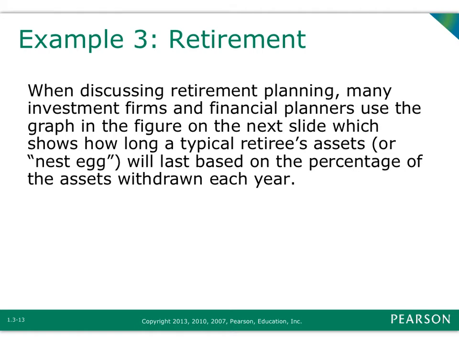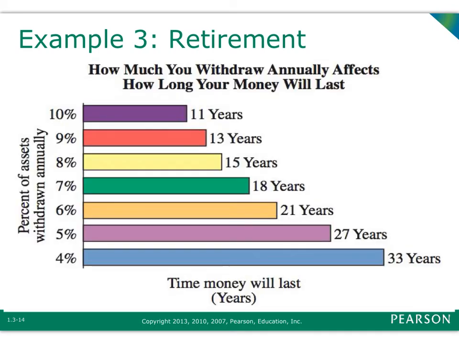When discussing retirement planning, many investment firms and financial planners use a graph, shown in the figure on the next slide, which shows how long a typical retiree's assets, or nest egg, will last based on the percentage of the assets withdrawn each year. So you can see from this graph how much will annually affect your money.